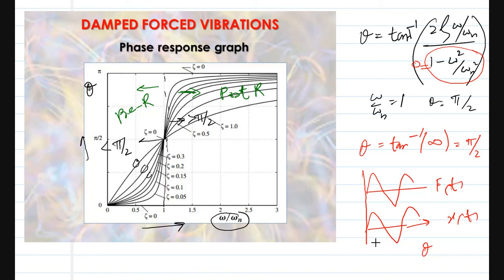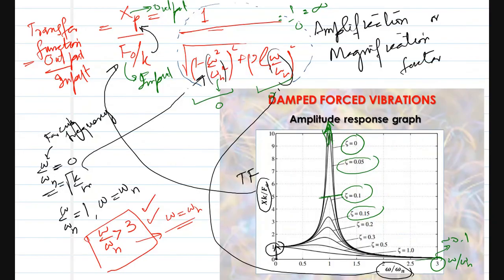It can be greater than 90 if you are operating in the post-resonance. Again repeating, in the pre-resonance you have an angle less than 90, as you can see in this graph, and in the post-resonance the phase difference between force and displacement is greater than 90. Now, phase is very important to understand.